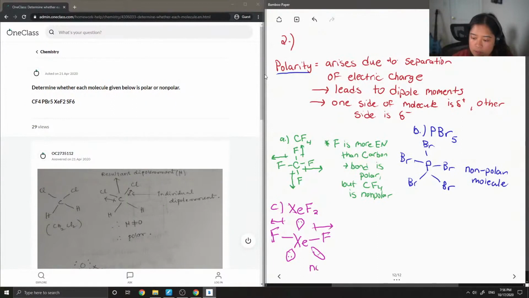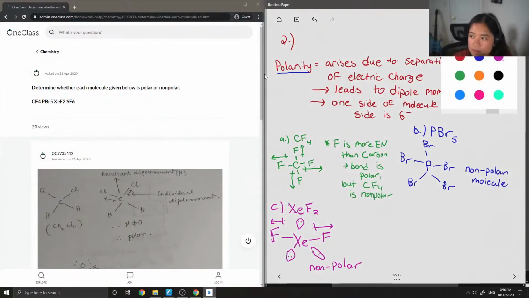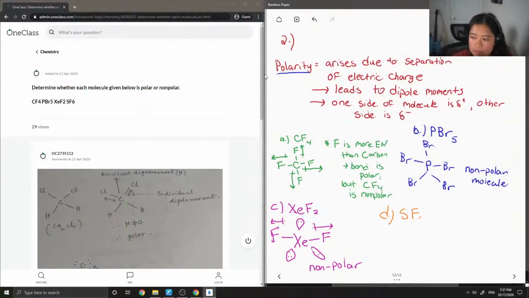So this molecule is also nonpolar. And then lastly, D, SF6. You get the same effect over here, where they all just cancel each other out. So this is also a nonpolar molecule.